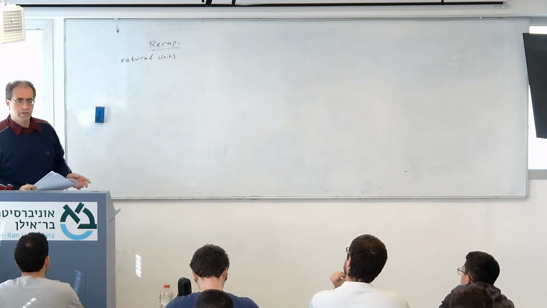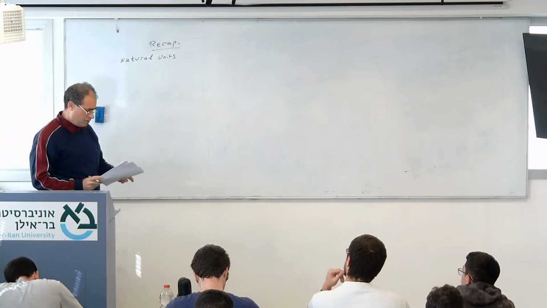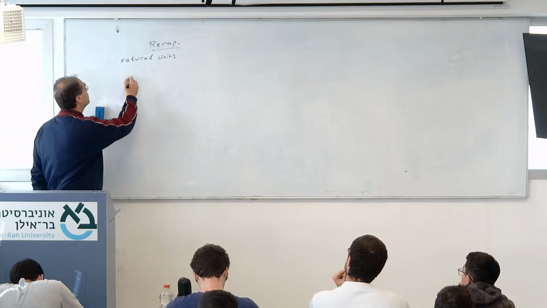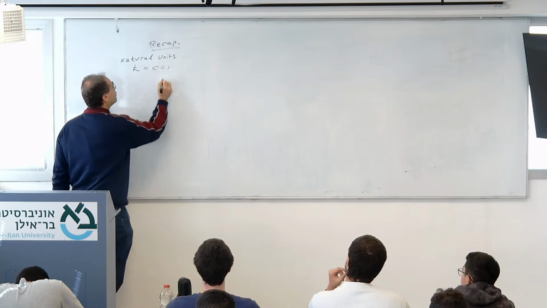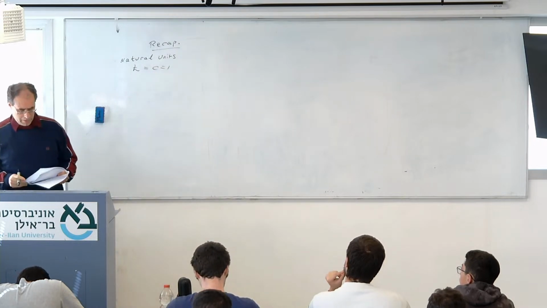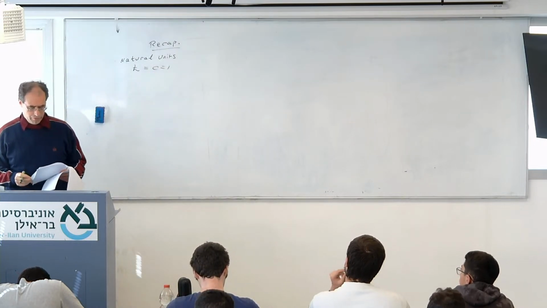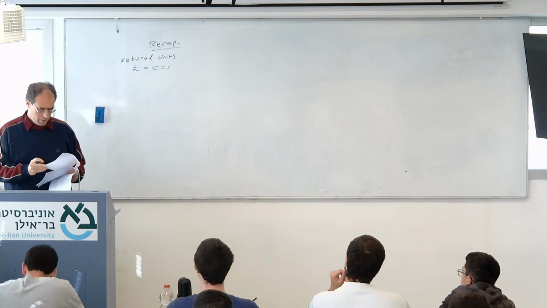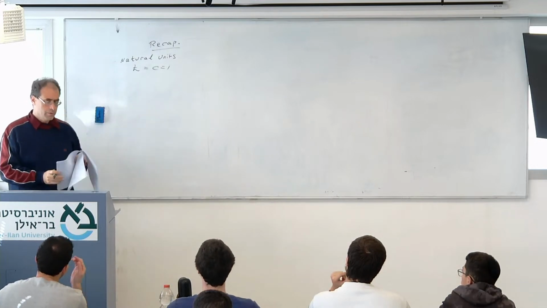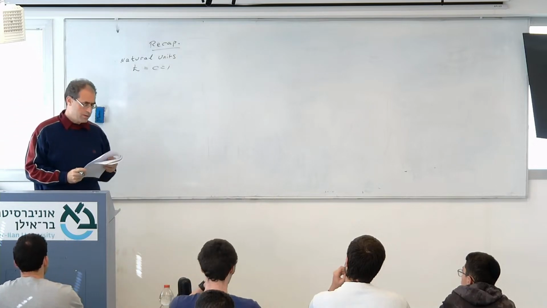That's important because we're going to use that all the time. Right? H bar equals 1. And that means that we only have one unit, which is the unit of energy. And we'll be using GeV, simply because it's handy.